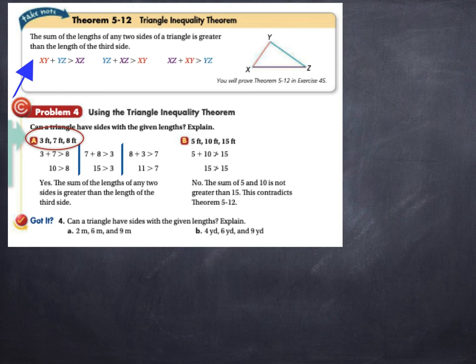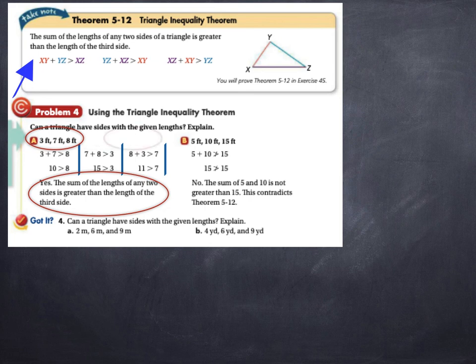So 15 is greater than 3, which is also true. The last one, 8 plus 3 is greater than 7. So 11 is greater than 7. Since the triangle inequality theorem is satisfied, we can say that it is a yes. The sum of the lengths of any two sides is greater than the length of the third side.